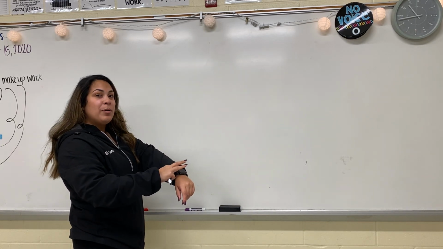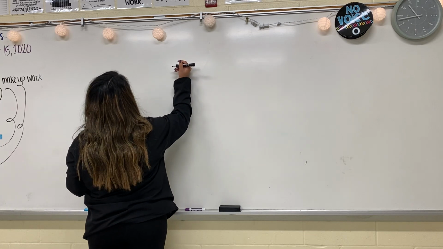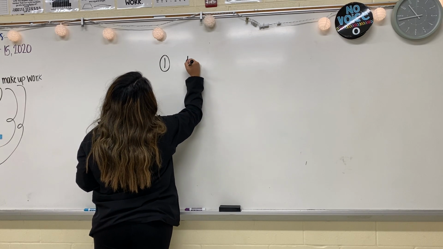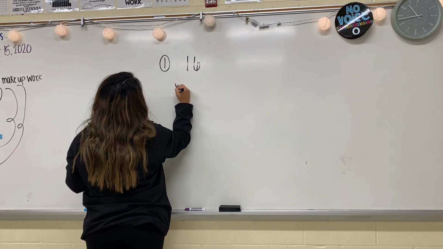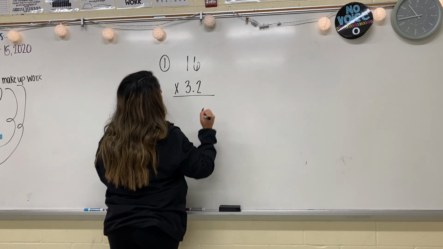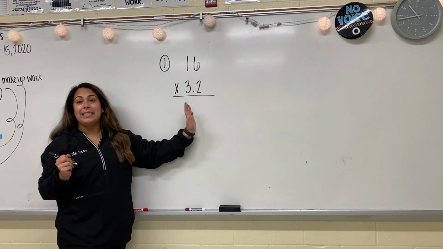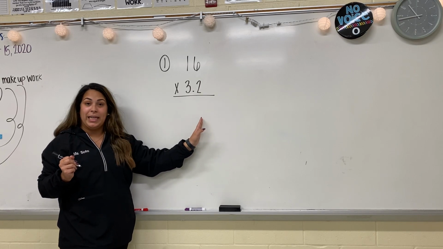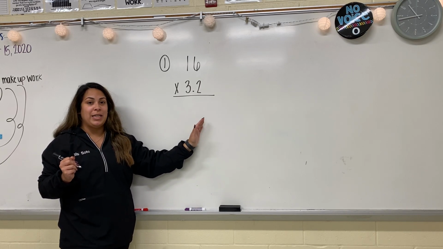All right, so the first problem I'm going to do, number 1, is going to be 16 times 3.2. You see how I did not worry about lining them up by the decimal point? Remember, that's not important when it comes to multiplication and division.